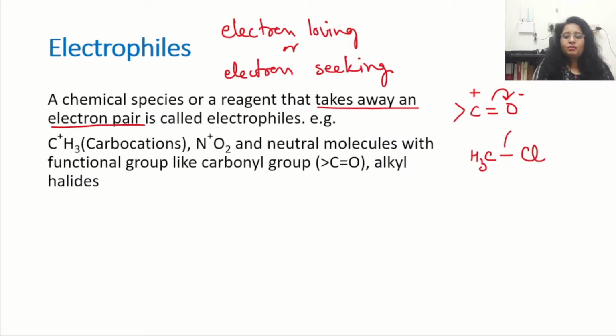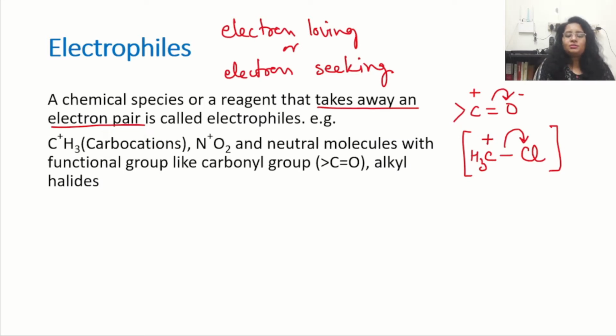There will be a partial shifting of the shared pair of electrons toward chlorine so that the carbon center becomes positive, and the whole compound will behave like a cation. That's why some neutral molecules having parts with different electronegativities will behave like a carbocation, or we can say positively charged ions.